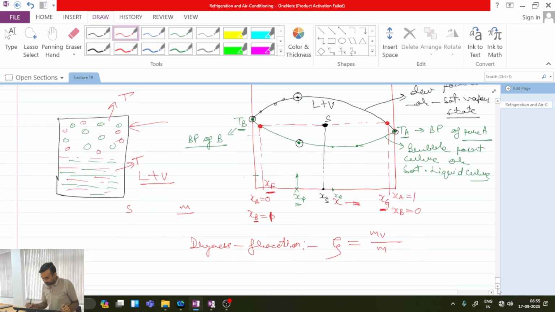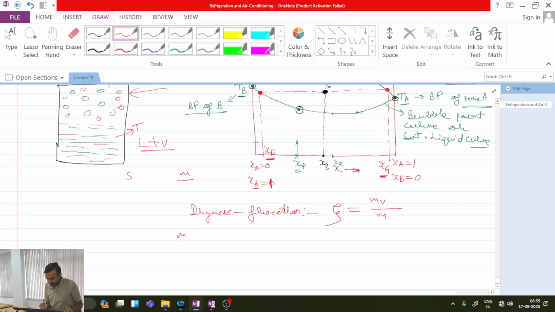Now let me write the mass balance for species A using the dryness fraction. So how much mass of species A will I have?